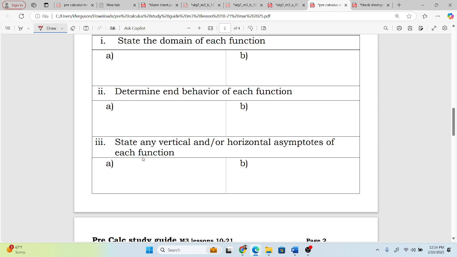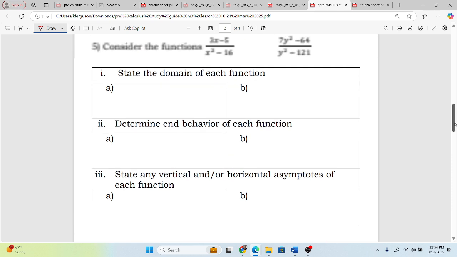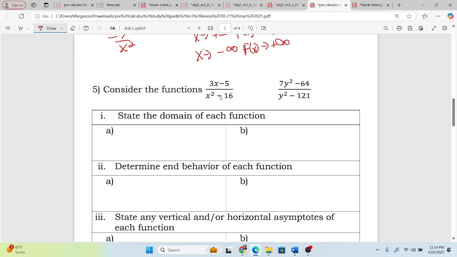I believe the vertical is based off of your denominator. So for my vertical asymptote lines, I would see what are my excluded values in the denominator. Those are my asymptote lines. You understand what I'm saying, or am I talking to myself?